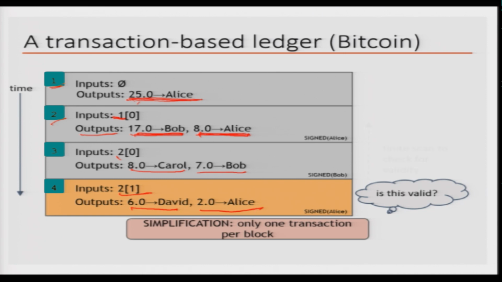The ledger keeps track of the transactions, and note that in this case, if we want to see whether this transaction is valid, all we need to do is look at the transaction she refers to as a source transaction. Her source transaction is this, and we see that in that source transaction, in output number 1, she got 8. That is all we need to check.